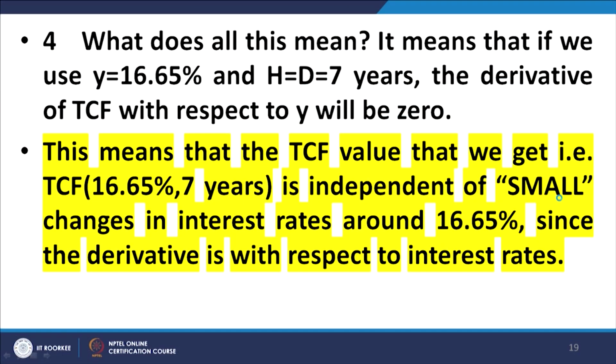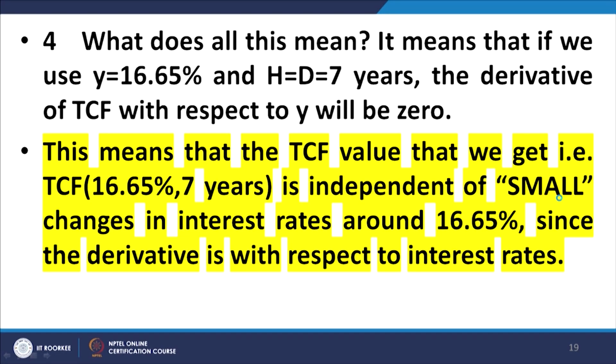So, what does this mean? It means that if we use y equal to 16.65% and holding period equal to 7 years, which is the duration of the bond, the derivative of TCF with respect to y will be 0. And what does that mean? That means that the total cash flows value that we get, TCF at 16.65% and 7 years, is independent of the fluctuation in y either to the left or to the right around that 16.65%, in the region where we can approximate the yield price curve by a straight line.